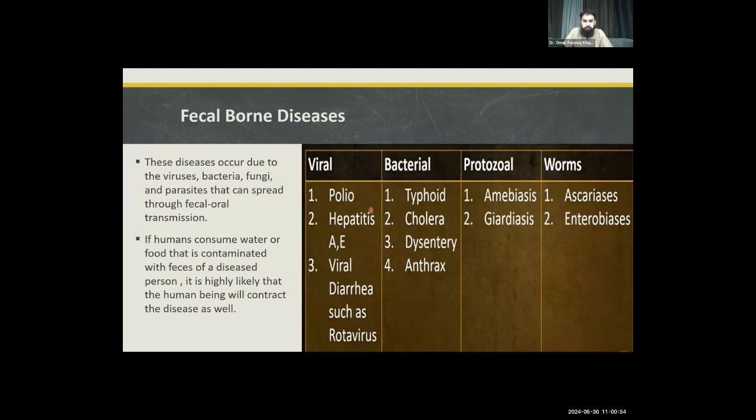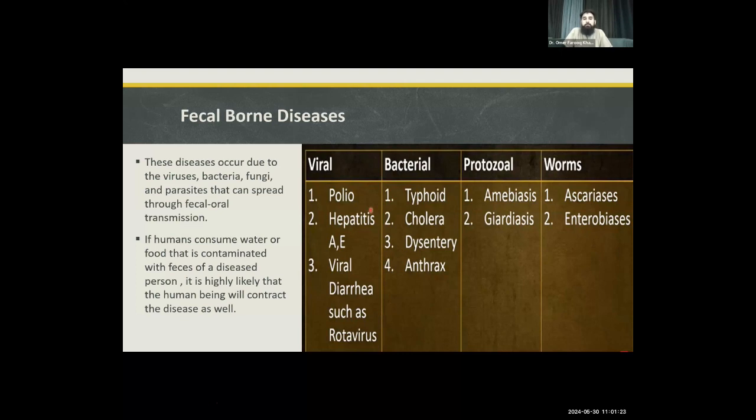There are diseases where the diseased person releases the viruses, bacteria, or protozoa, or worms through their feces. And then, if those feces contaminate the surrounding areas, all of the people can get ill. And there are many examples of widespread contaminations of fecal-borne diseases and people getting sick due to poor sanitation.